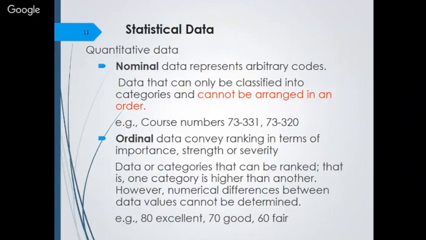So nominal data represents arbitrary code data that can only be classified into categories, and cannot be arranged in an order. I already said that we have data of car colors, yellow, green, violet, something like that. So we can code that. We can assume one number for yellow, two for green, four for red, like that.